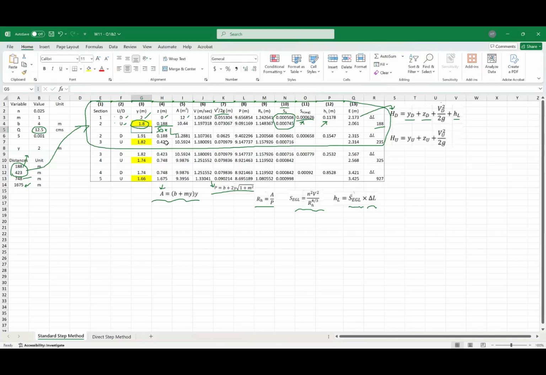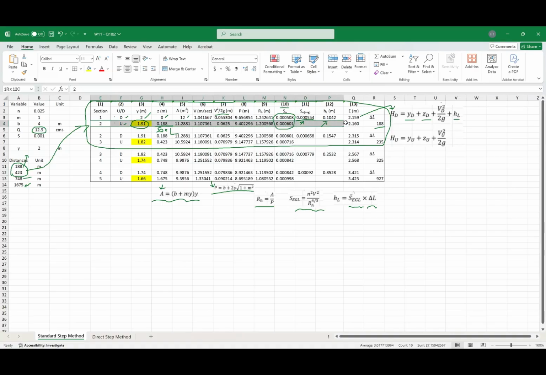So let's say if it was 1.8, this time we would get 2.061. Let's make it 1.85. We are getting closer. And once we use 1.95, these values are indeed very close to each other.